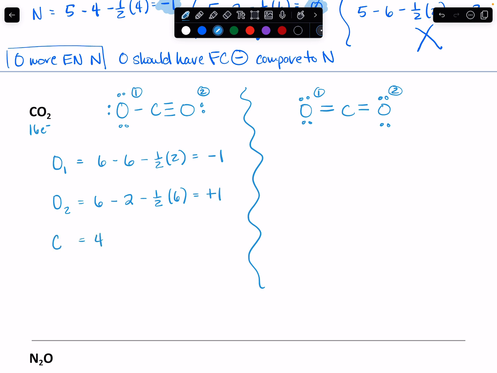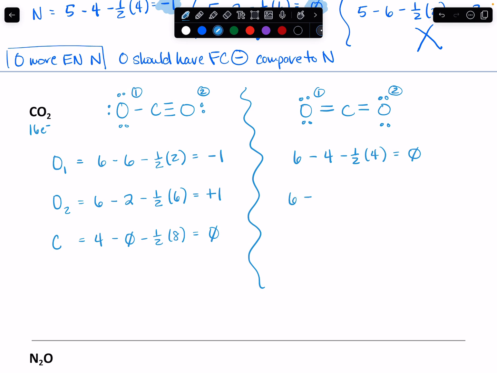And then carbon: 4, no lone pairs, and half of the 8 bonded electrons. Carbon's almost always formal charge 0. It likes it that way. Now we look at oxygen 1 in our second structure. We've got 6 valence electrons, 4 lone pair electrons, and then we get half of those 4 bonded electrons. Formal charge is 0.